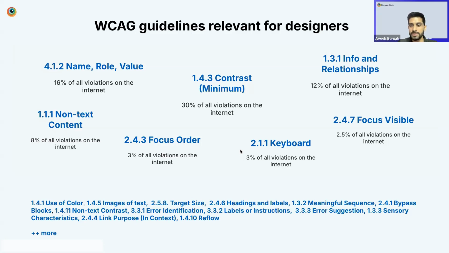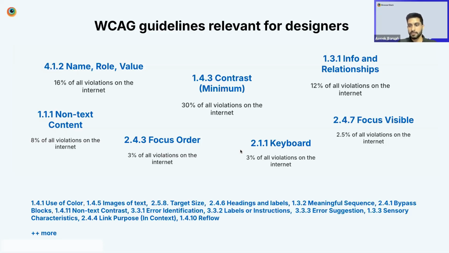Or things like focus visible, which means when you're defining a component, should you put a clear focus indicator around it? Or say non-text content, which is defining alternative text for images or defining what are decorative images and so on. So all of these success criteria that you see on your screen can be addressed by designers in some way or the other, either as a fix that you can do in design or as a handoff that you will do to your developers, right?